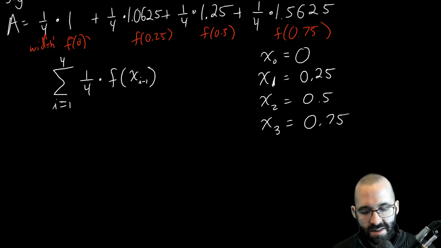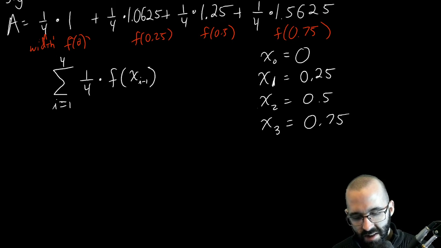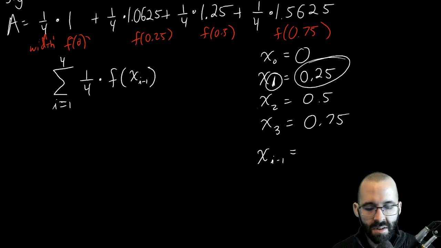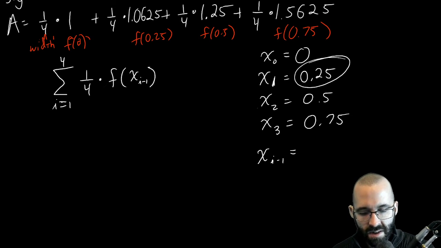How can we write this? In general, what's x sub i minus 1? What's the pattern? Well, this number is just 1/4 times that. 1/4 times 0 is 0. 1/4 times 1 is 1/4. 1/4 times 2 is 1/2.